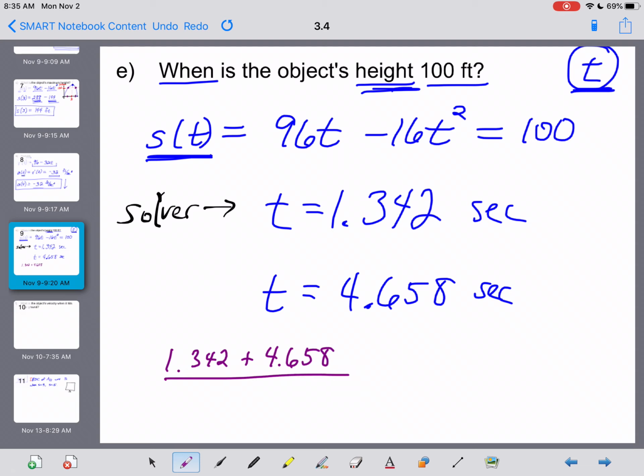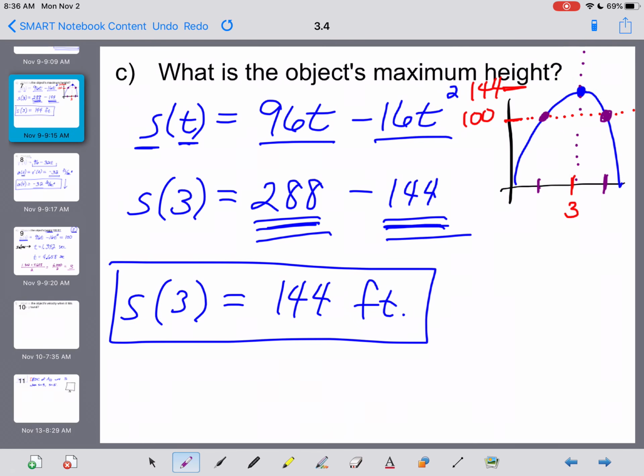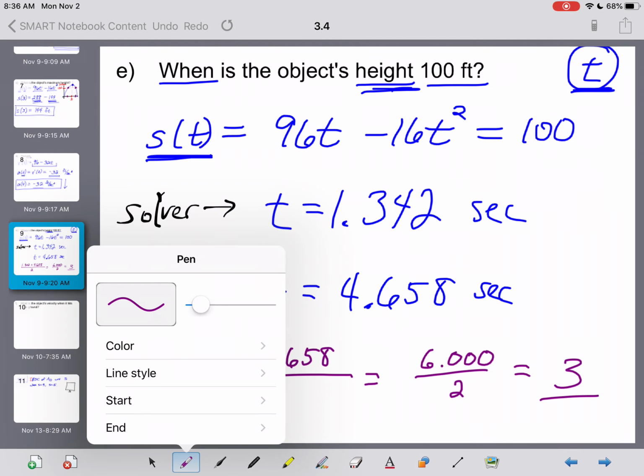If we add those two up, we get 6.000, all over 2. The average of those two time values is 3. And that is the moment of symmetry in the flight of this object. That's when things change from moving up to moving down. So I'm not confused at all. It makes a lot of sense that we came up with two answers.